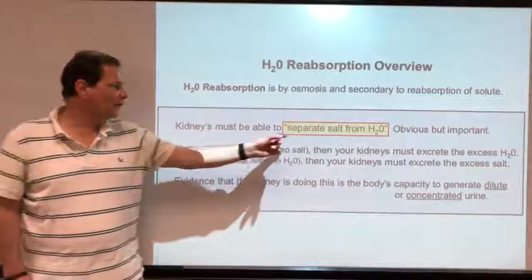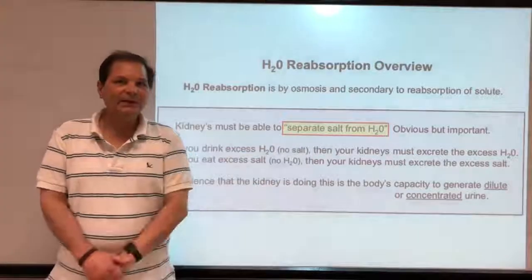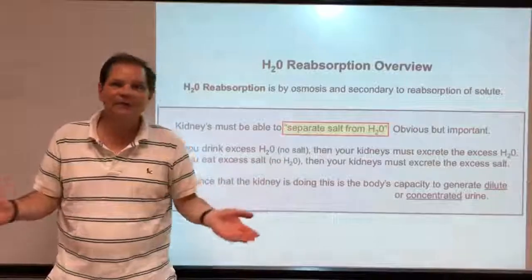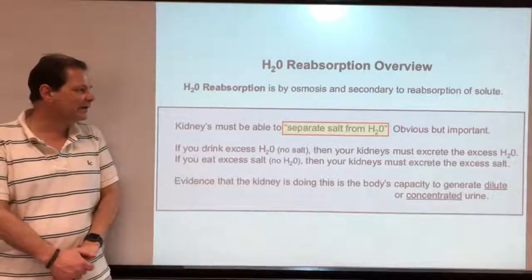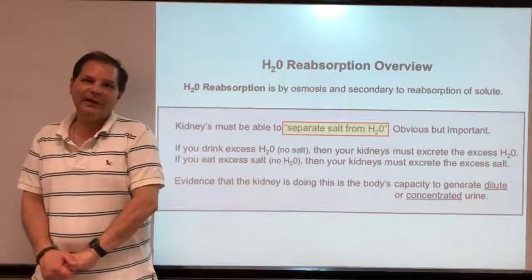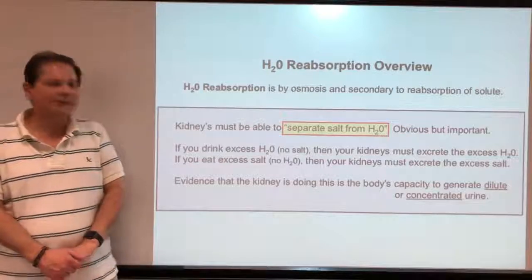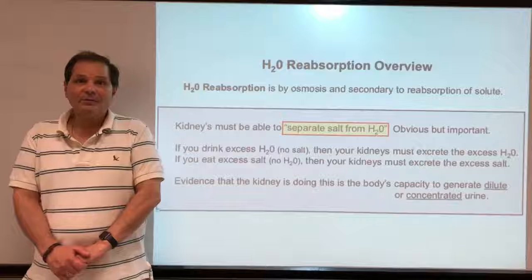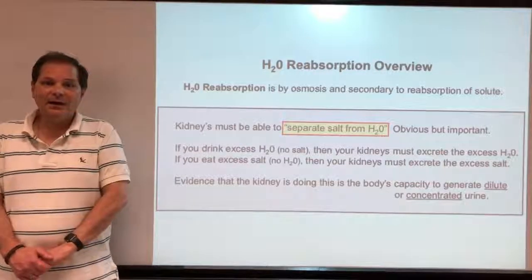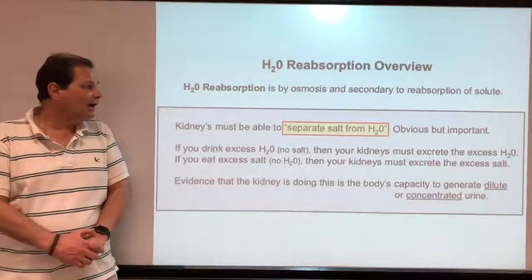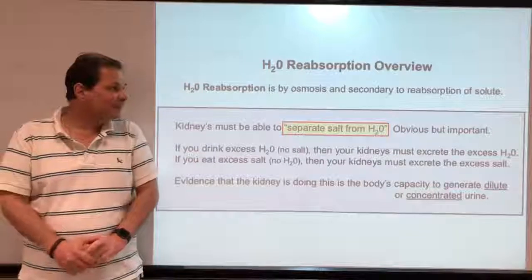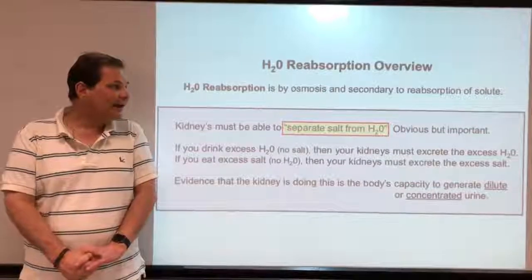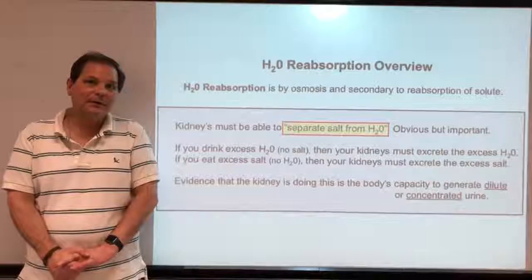One significant point to make, and this is tricky: we talked a lot about water following sodium around in the last video, but it can't always do that, because you need to be able to handle situations where maybe you eat a lot of salt, but you need to urinate a dilute urine.